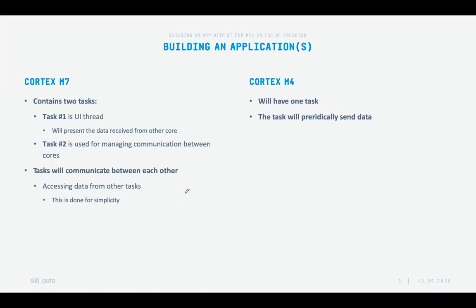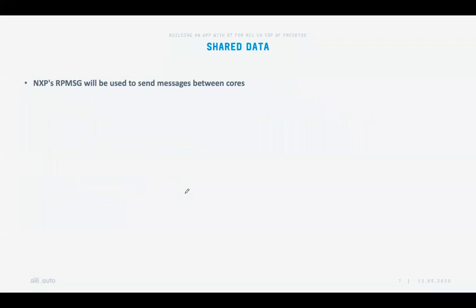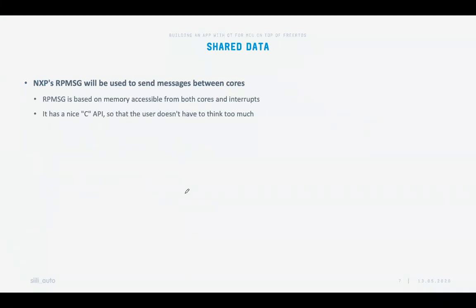On the Cortex M4, we will have only one task, and this task will periodically send data via the shared TCM memory. For sharing the data, we will use the NXP RPMsg framework. This framework is based on memory being accessible from both cores and on interrupts.